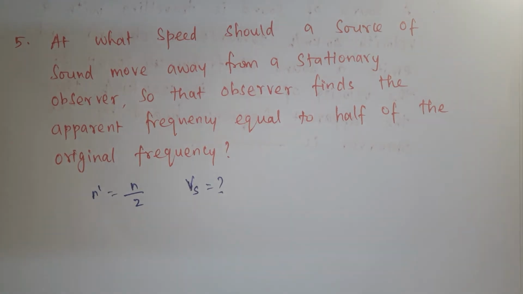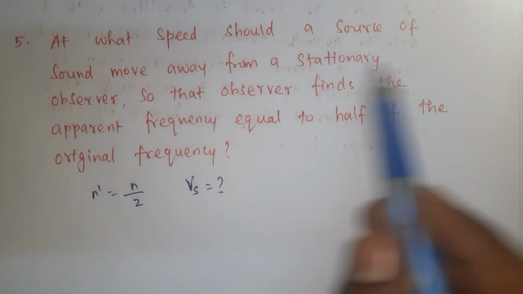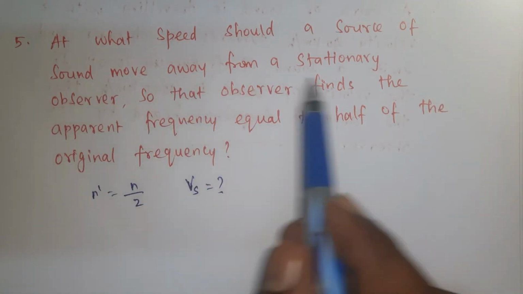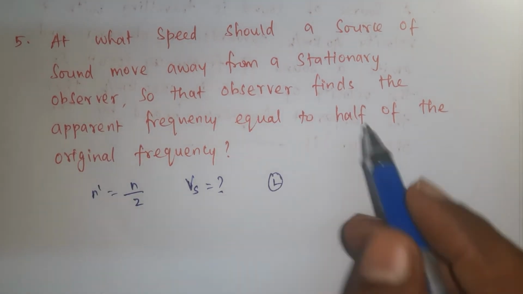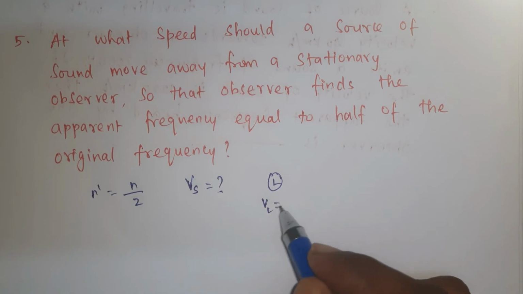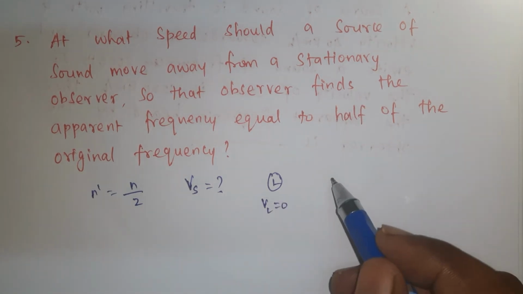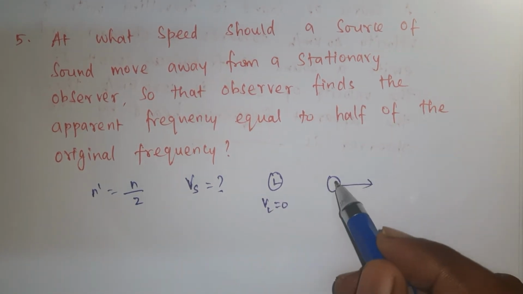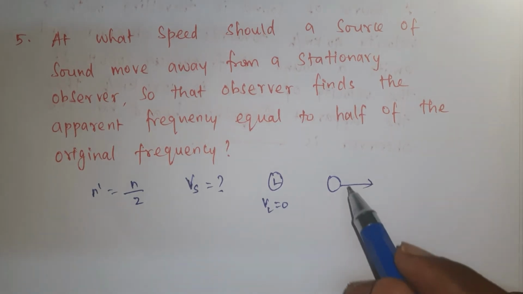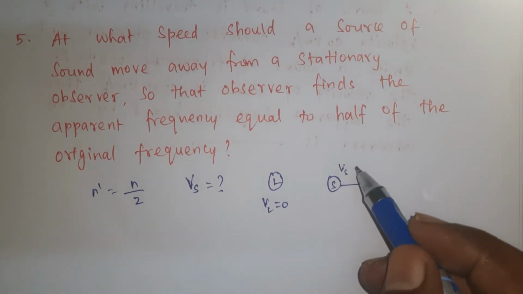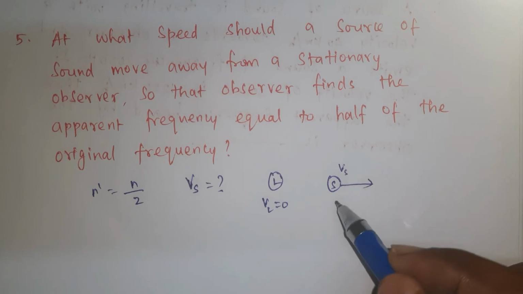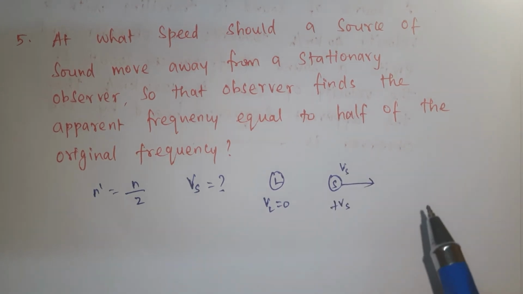We have to find out Vs. Now the source of sound moves away from a stationary observer, that means a stationary listener, so VL is going to be 0. Now the source moves away from the listener, that means the direction of the source is along the positive axis, so Vs will be positive.